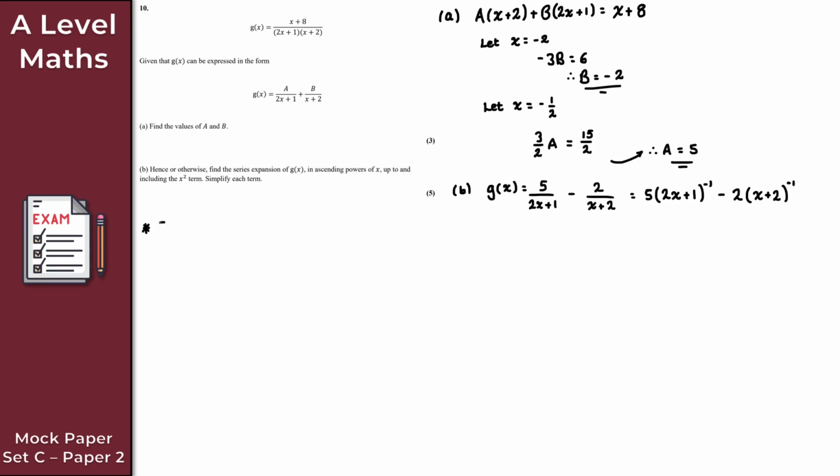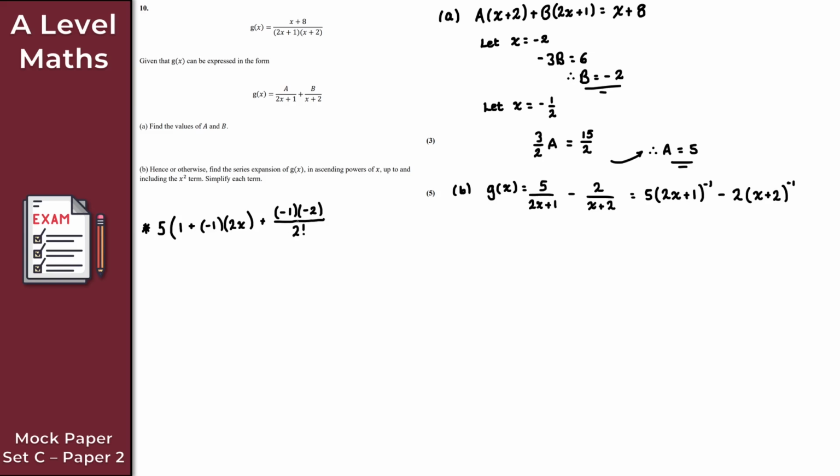So I've got 5 bracket 1. We then get minus 1 times by 2x, like so. We then get minus 1 times minus 2, that's all over 2 factorial.